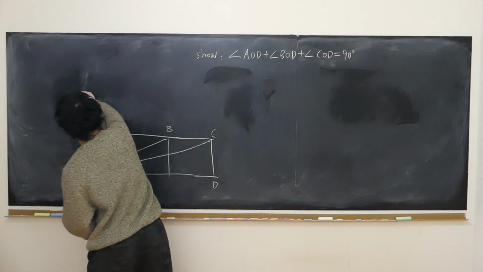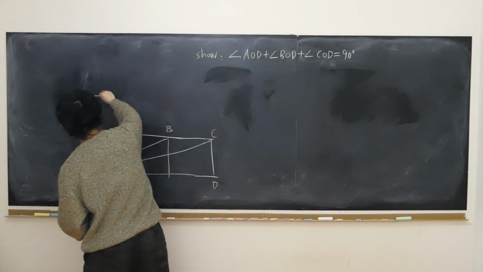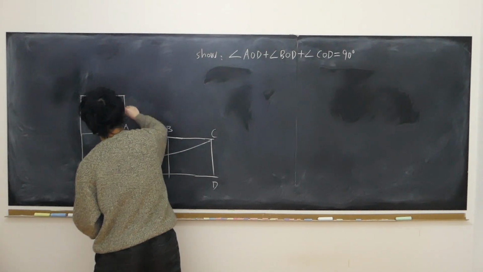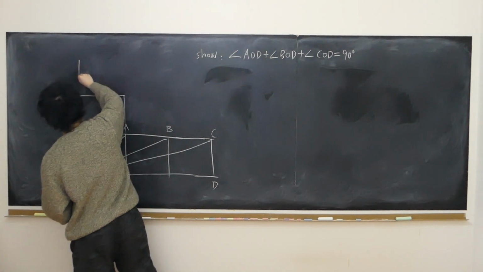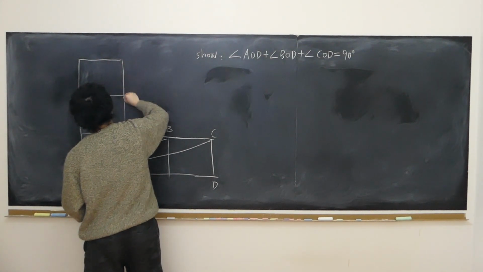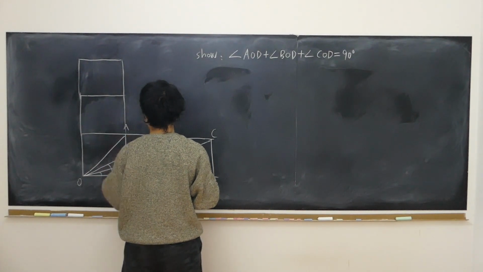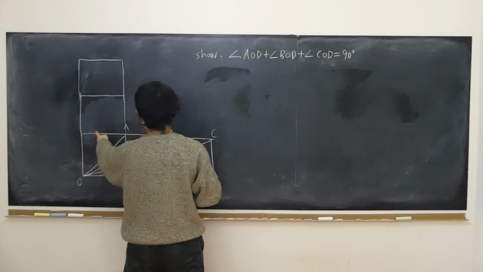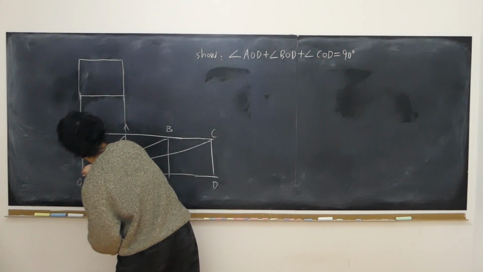Right? And maybe up here, another square. So I have two more squares. So I can then draw an equal triangle up here. So equal triangle.